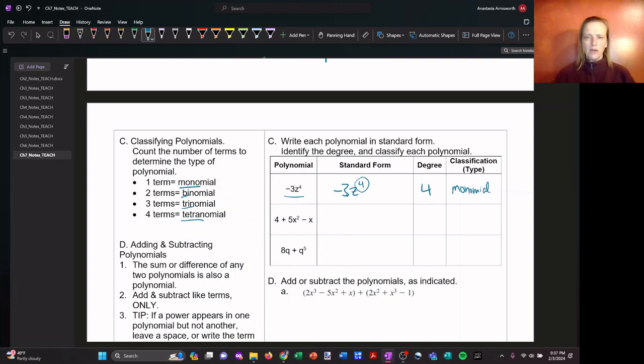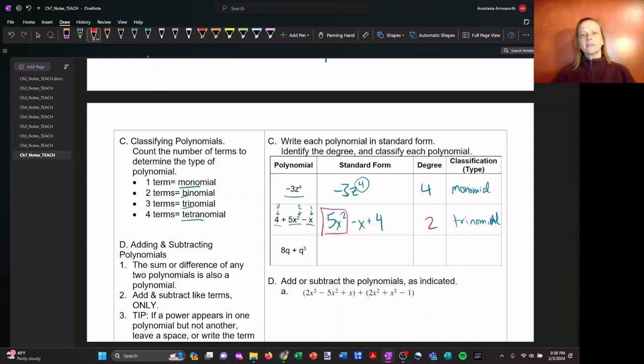Looking here, this has 3 terms, so it's a trinomial, and I need to figure out the degree of each term in the polynomial so that I know what order to write it in. Here I see an exponent of 2, so that's 2nd degree. This is 1st degree, and that's 0 degree. So I will go in the order 5x squared minus x plus 4. And to get the degree of the polynomial, I need to just look at the first term. So my degree is 2.